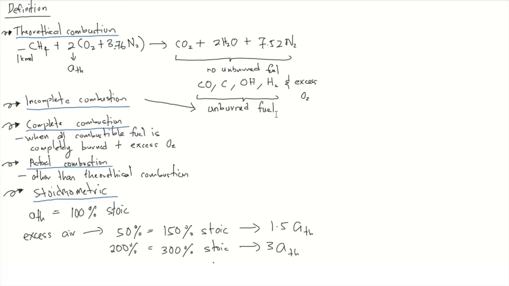So instead of CO2, H2O and nitrogen, there's another unburned fuel in your product, right? It's going to have CO, carbon monoxide, C, OH and H2. Alright, this we call an incomplete combustion.